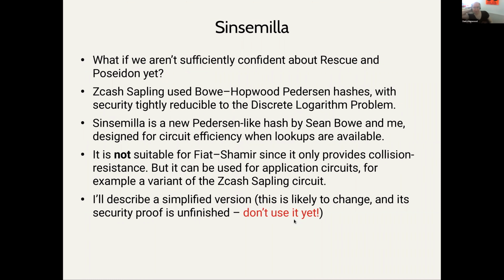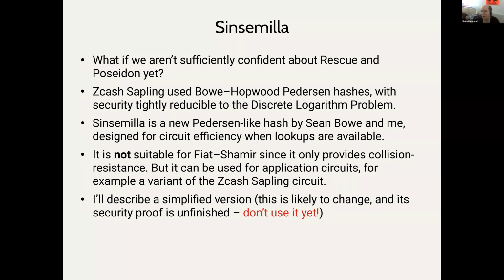But these are fairly new hashes, Rescue and Poseidon. So we might not be completely confident in their security yet, because symmetric cryptography is hard.